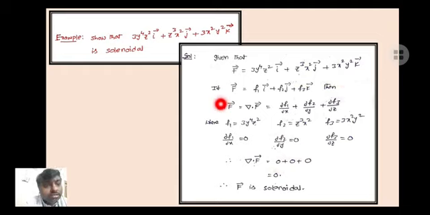From the definition, I can write div f bar is equal to del dot f bar, that is dou f1 by dou x plus dou f2 by dou y plus dou f3 by dou z. By comparing the functions, f1 is 3y power 4 z square, f2 is z cube x square, and f3 is 3x square y square.